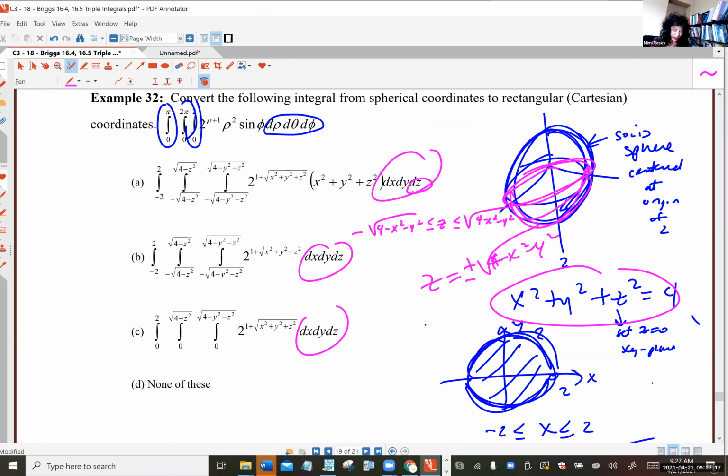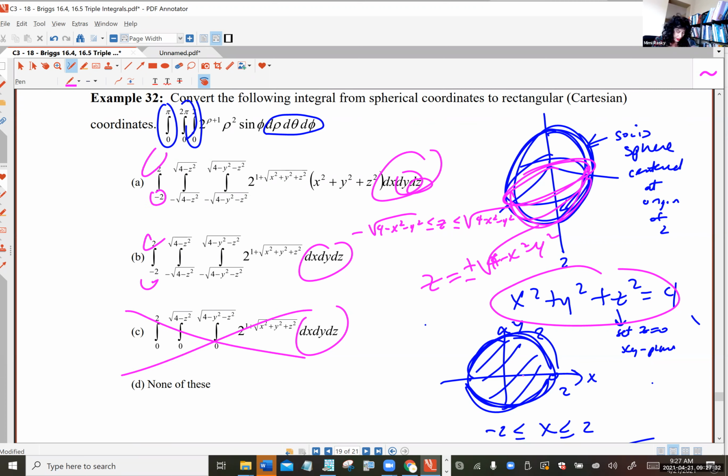Think about your yz as being your flat xz plane. Then by symmetry, z would have limits of -2 to 2, which it looks like these two are doing. So it's definitely not going to be C. And then y would go from negative square root of 4 minus z squared up to positive square root of 4 minus z squared.